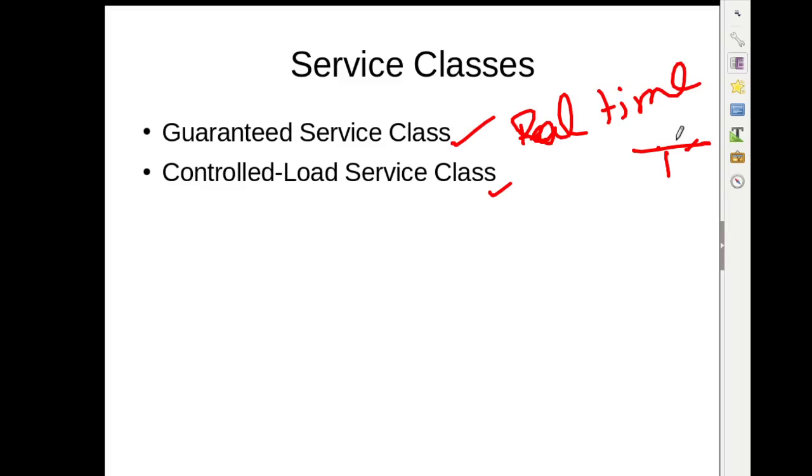So this was about guaranteed service class. In controlled load, actually this type of service is designed for applications that can accept some delays, but are sensitive to maybe an overloaded network, and we cannot lose the packets.